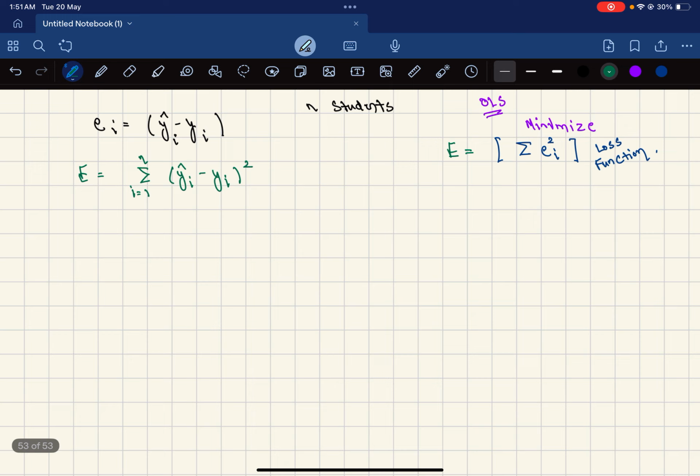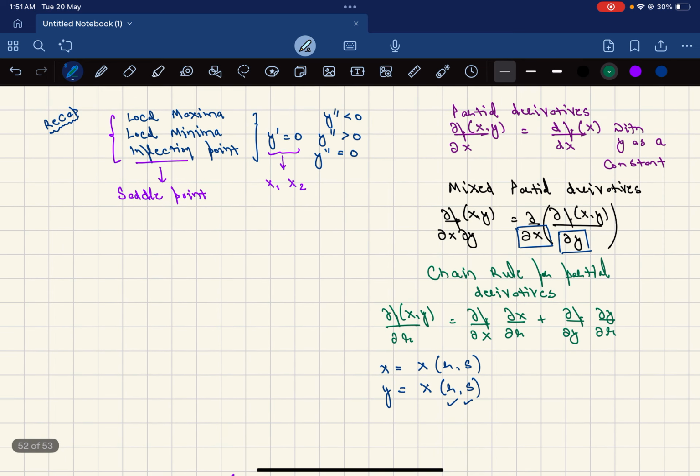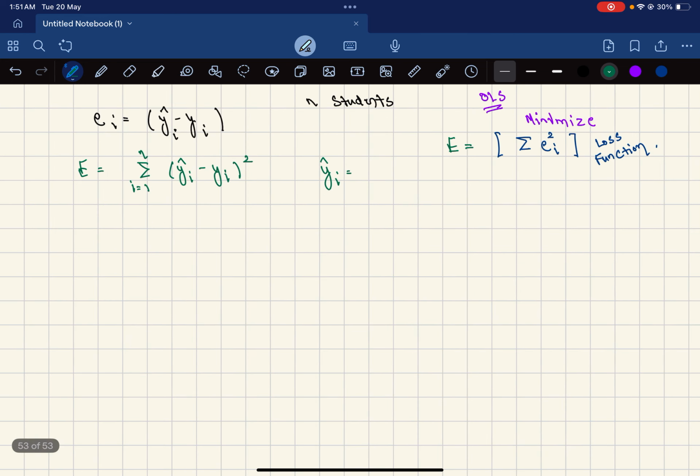Now, since we already know the y hat predicted value, it is calculated using the best fit line. So as you can see, this best fit line, the purple line on the right graph, was used to get the predicted value corresponding to the height x. Therefore, we can write the predicted value here as a plus b xi, since this is the best fit line equation that we had assumed earlier.